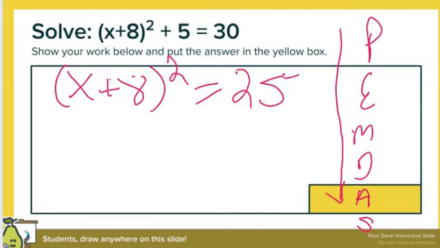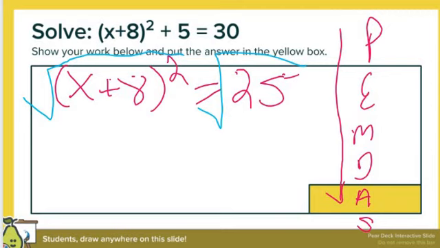We do have addition, but it happens inside the parentheses, so we have to get rid of the parentheses first. So we have exponents, and we're going to take the square root first. We're going to square root this on both sides because we want to peel it like the layers of an onion. You want to peel that onion, so you go from the outside in.